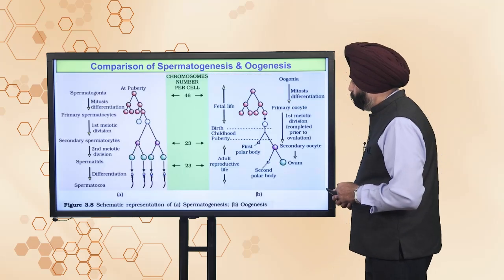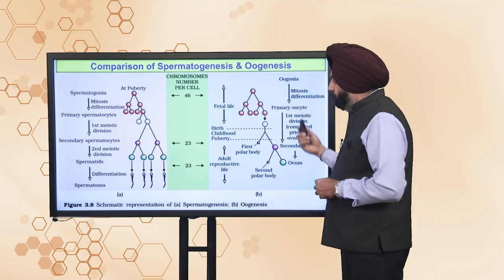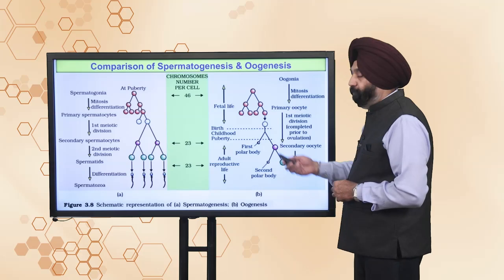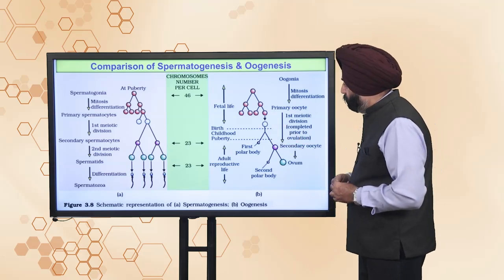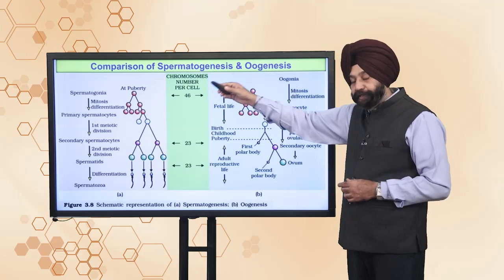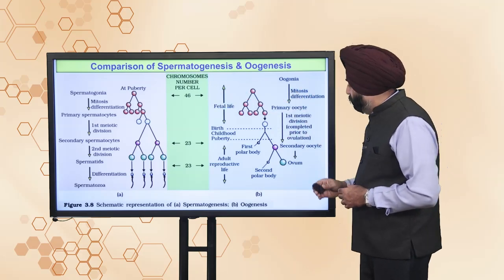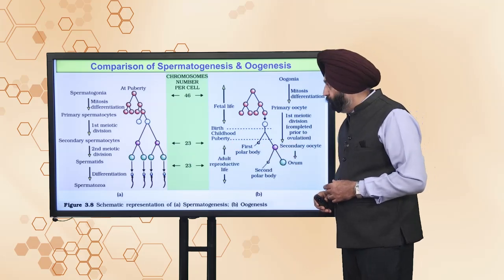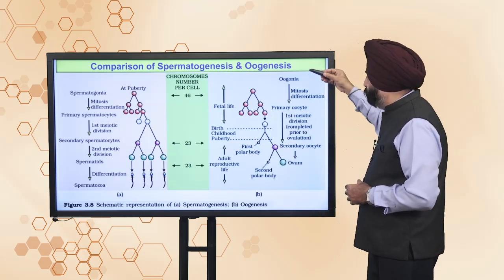Let's see further. If we compare the picture here, you can very well make it out. There are certain sections which look similar on both sides, whereas there are certain sections which do not look similar on both sides. Let us start at stage 1.